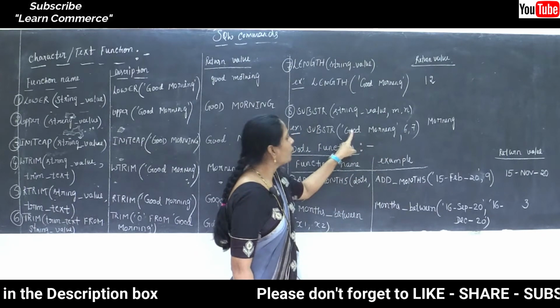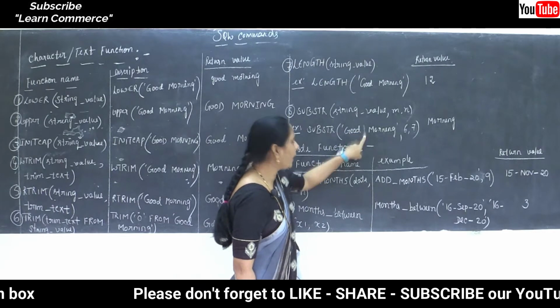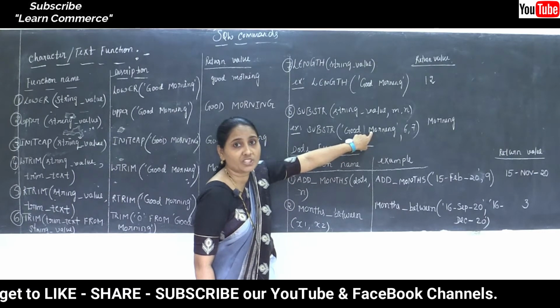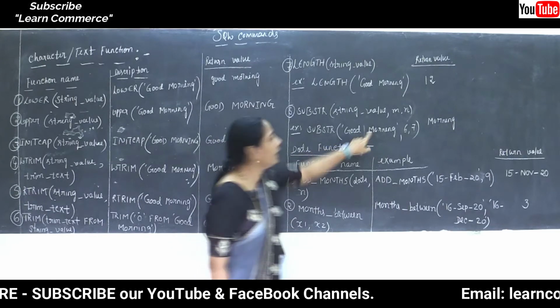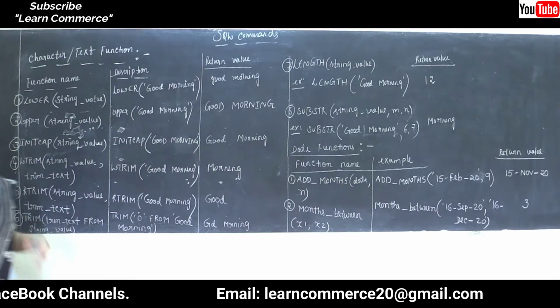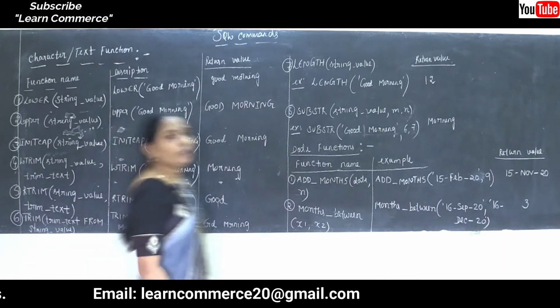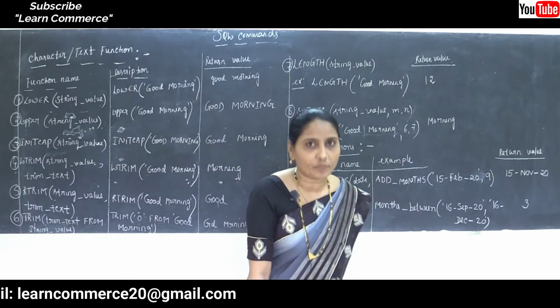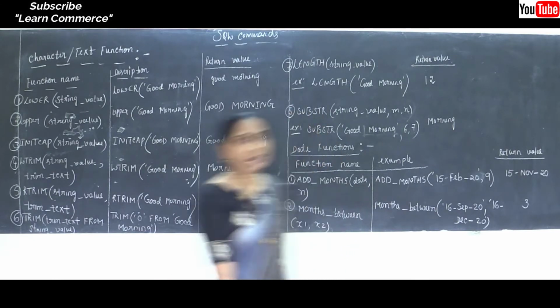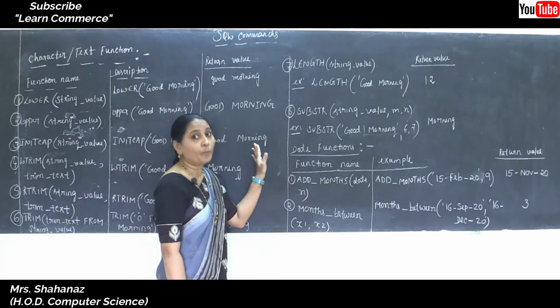So count 1, 2, 3, 4 and 5. It is going to start from position 6, so we can say it returns the value morning. Clear this point here? The substring returns n number of characters from string_value, starting from the m position.